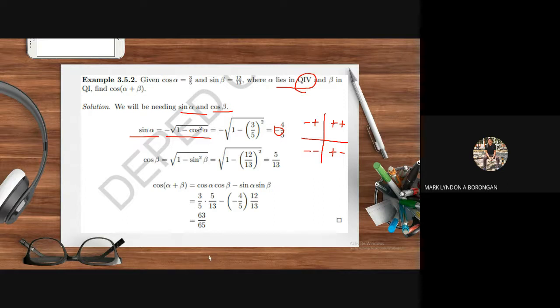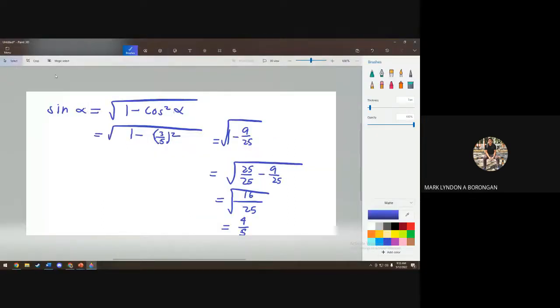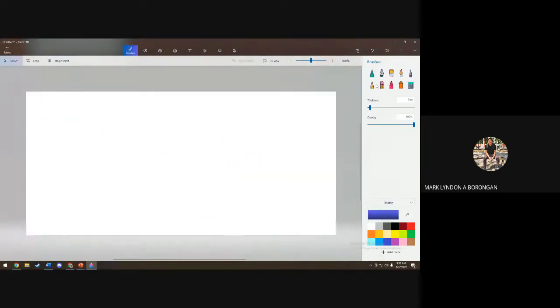Okay? Now, our cosine of beta. So cosine of beta is the square root of 1 minus sine squared of beta. Why sine squared, sir? It is the same concept we used. From here, we will just use cosine squared beta so you won't get confused. Sine squared of beta plus cosine squared of beta is equal to 1.